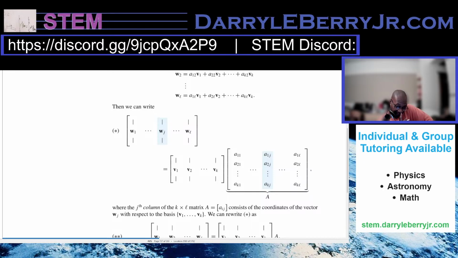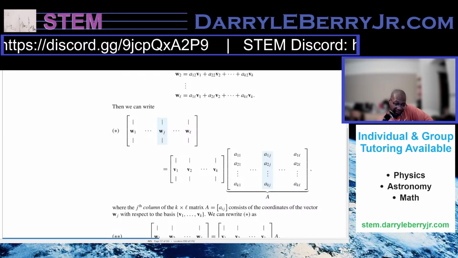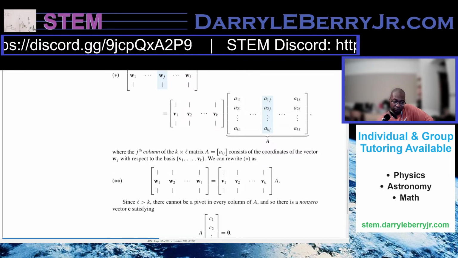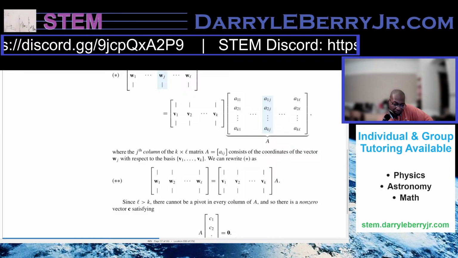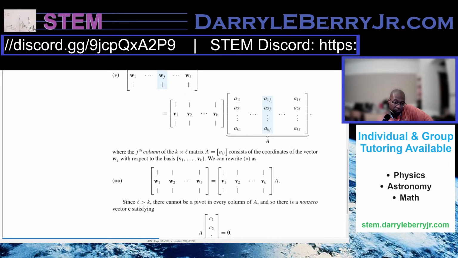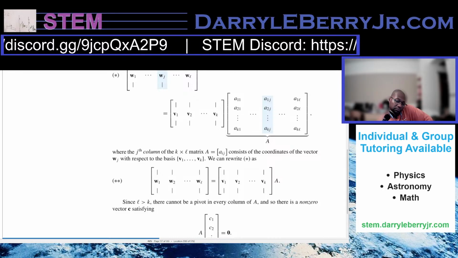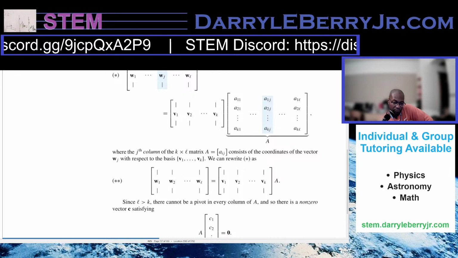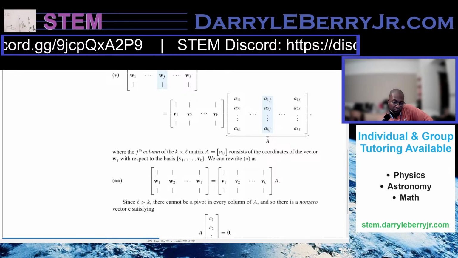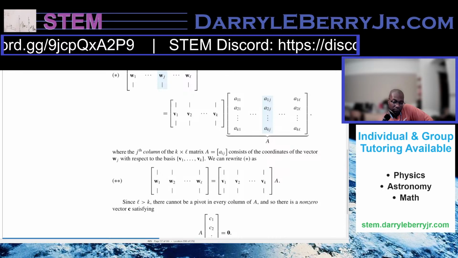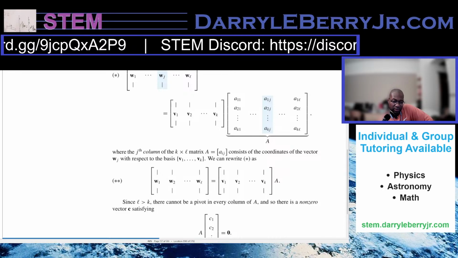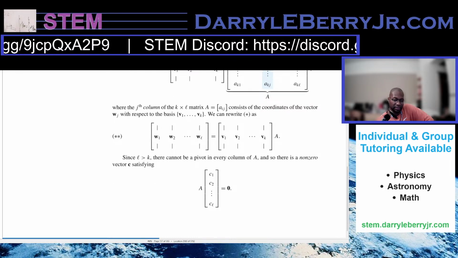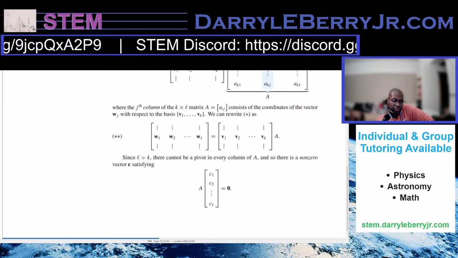For the jth column of the KL matrix consists of the coordinates of the vector Wj with respect to the basis. You can write it that way. It makes sense. So it seems more sensible intuitively than all of the mathematical jargon.